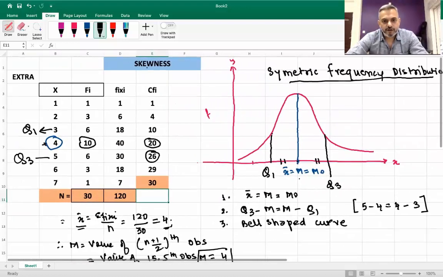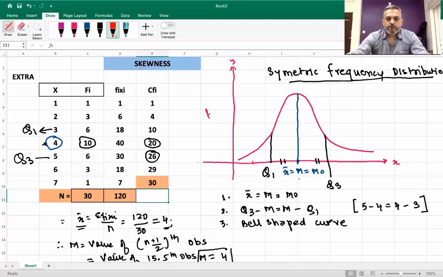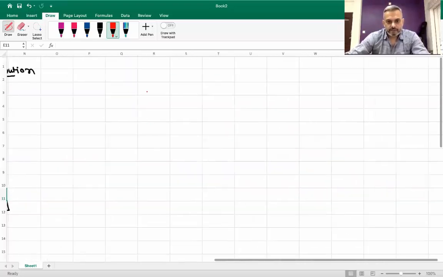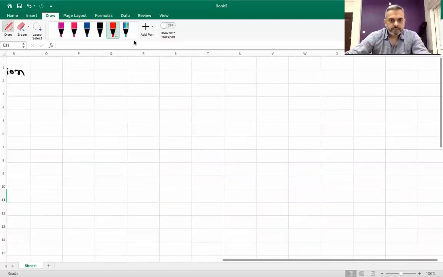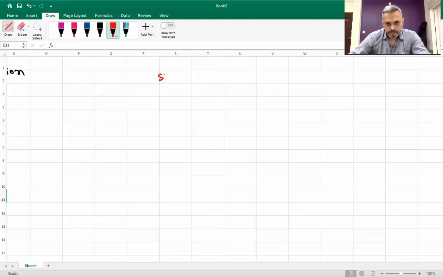Then what is skewness? Let me write, skewness is equal to lack of symmetry.